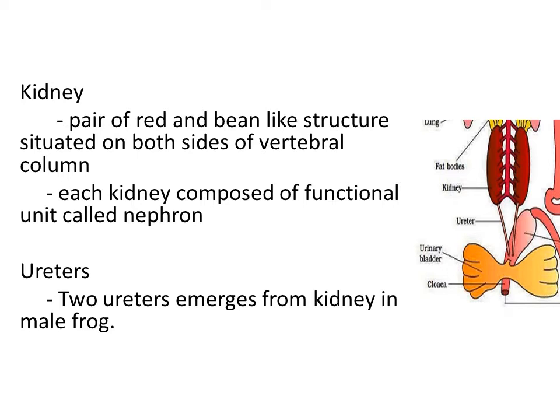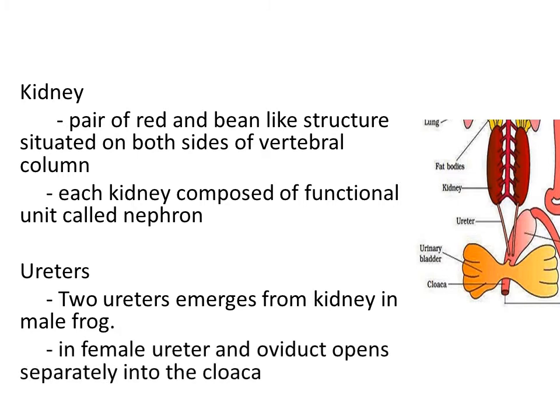So male frog and female frog we can see. In case of male frog, a pair of ureters emerges from each kidney, and that actually functions as urinogenital duct, right? And in case of female, ureters and oviduct open separately into the cloaca. This is the difference we can see in male and female frog.